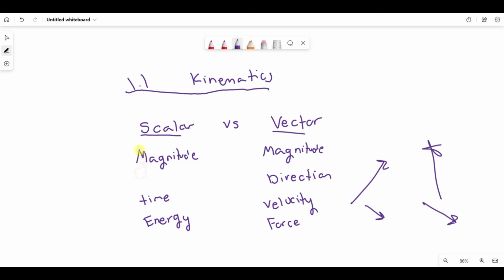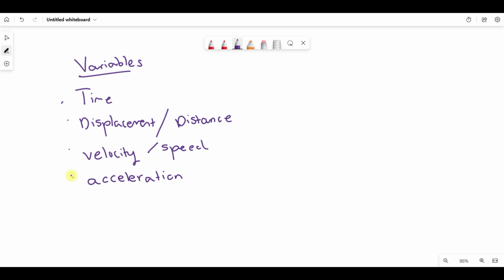So in a scalar quantity you have no direction, whereas a vector quantity has direction.